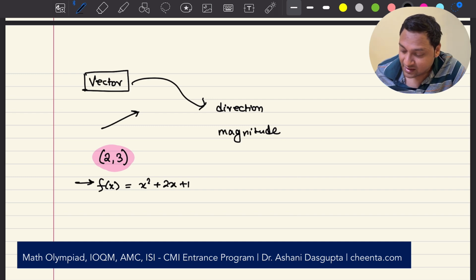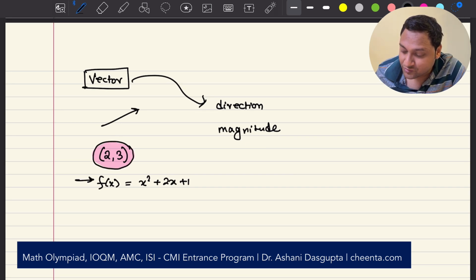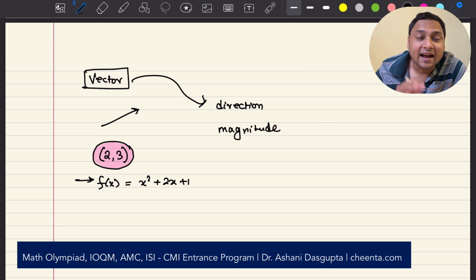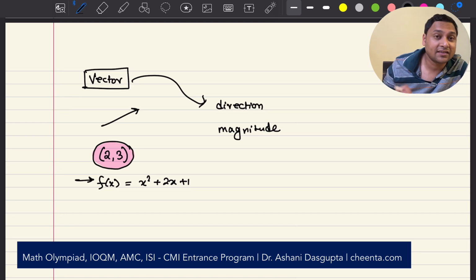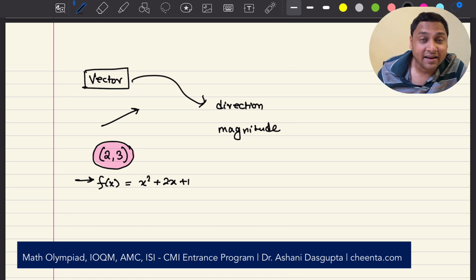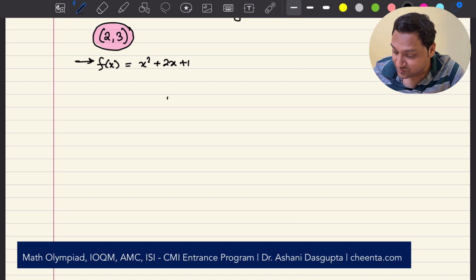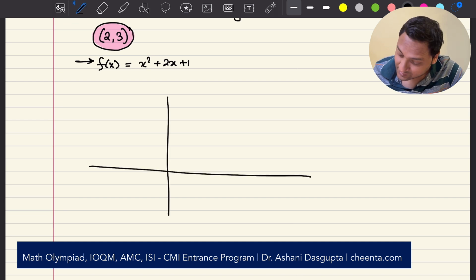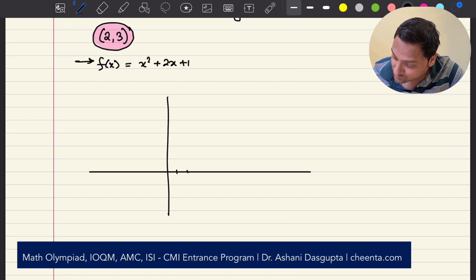So, if I mention 2, 3, that particular point also has a direction starting at the origin and has some magnitude. So if I draw this in the coordinate plane, we have 1, 2, 1, 2, 3. So here it is 2, 3.